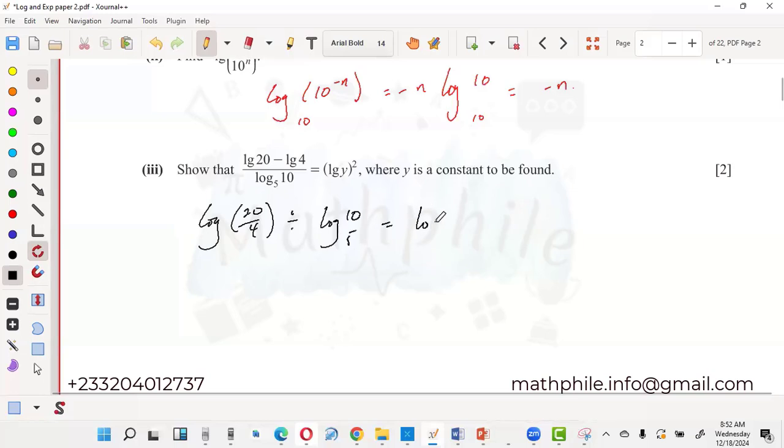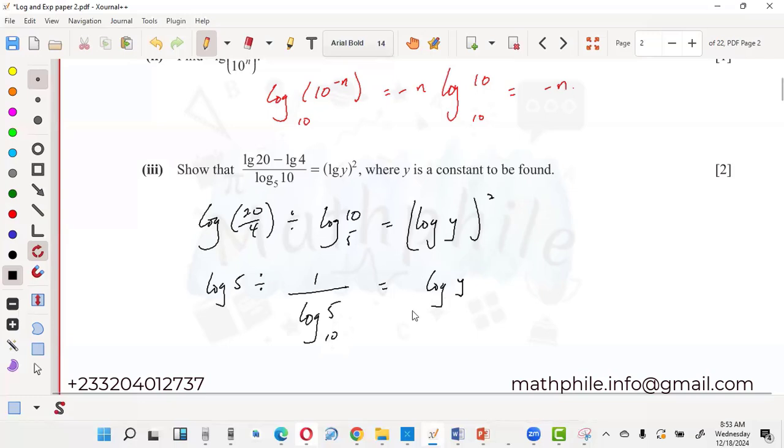This was given as log y all squared. So see log 5, because 20 divided by 4 is 5, divided by, now swap of bases will give you 1 over log 5 base 10. Remember the swap of bases? So this equals log y all squared.